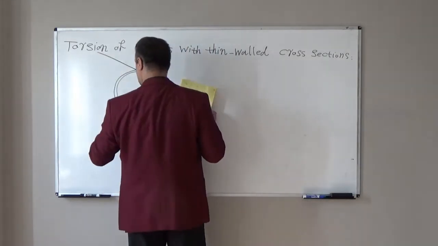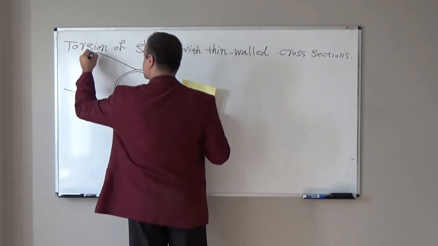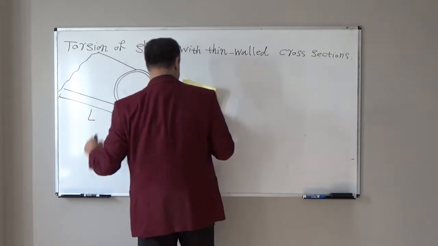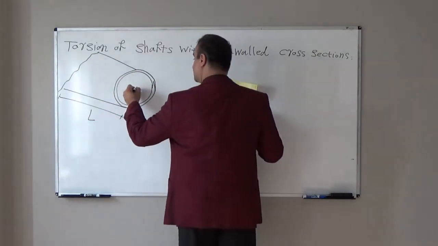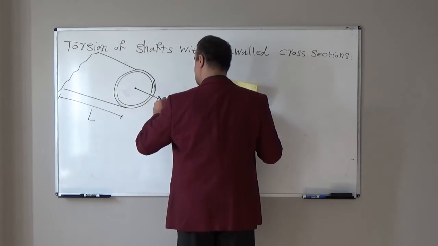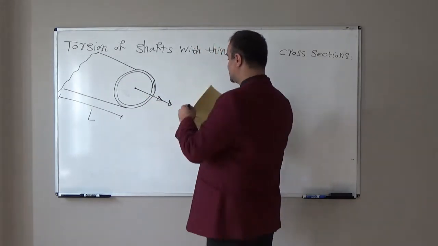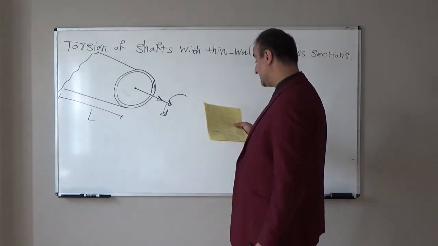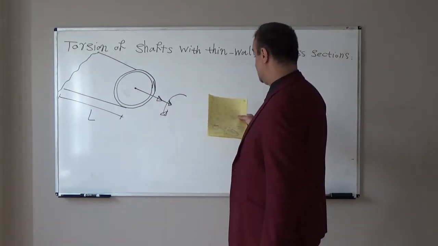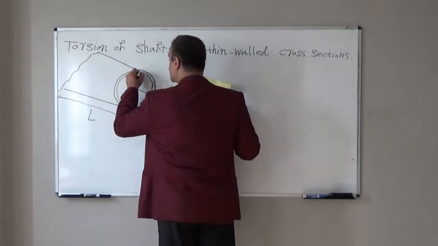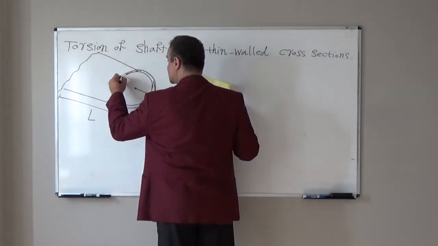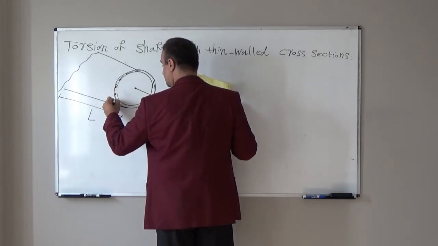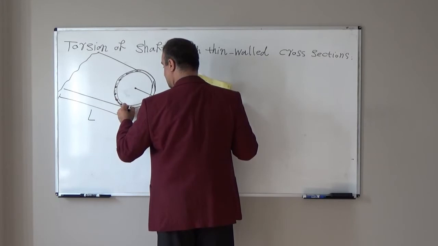And this is in the axial direction, L. If we apply torque here, this torque means we apply torque in this direction. What will happen? We will have shear stress, and the shear stress will be similar to the shear flow, something like this.